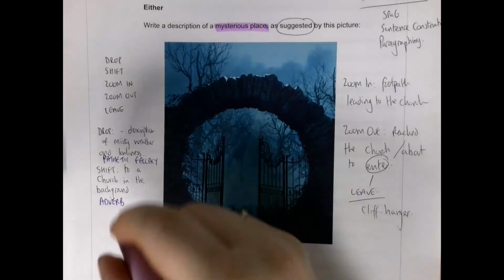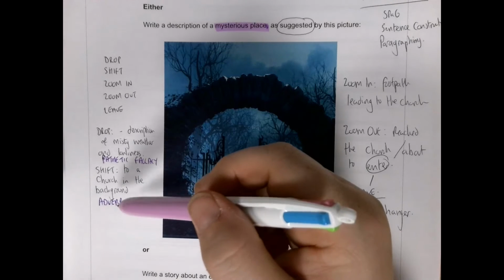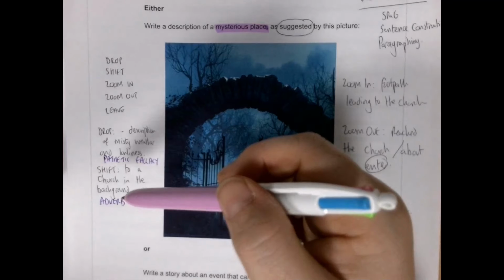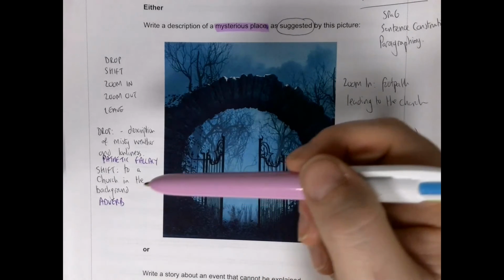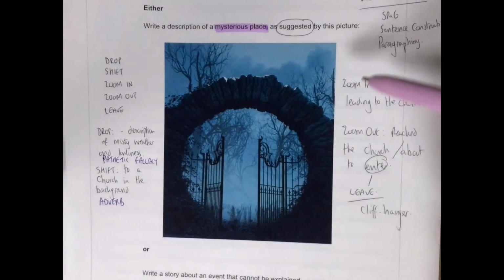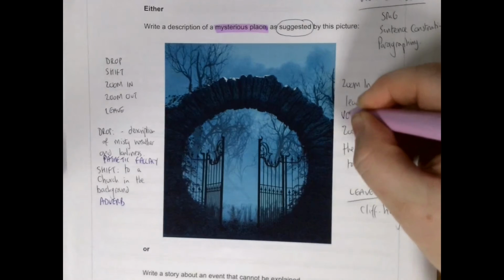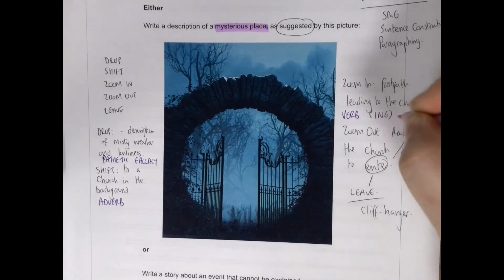That's a word that ends in ly. That means that I'm going to be showing my examiner that I can start with words other than the word "the", and most adverbs require a comma to be used after them, so I'm going to be accurately using a comma. Here, when I'm going to zoom in on that footpath to the church, I'm going to use a verb in the present participle. That means it's ending in ing.